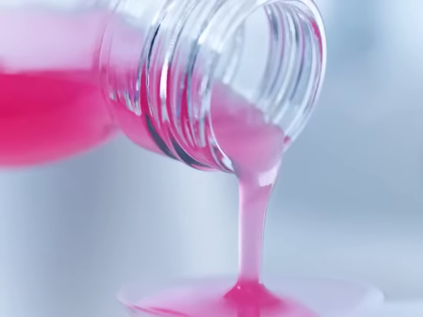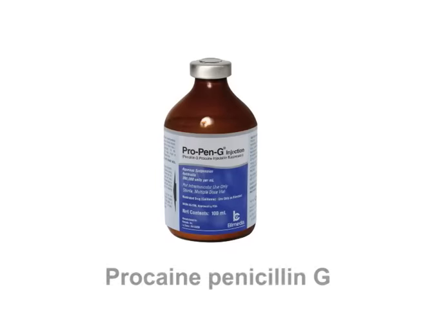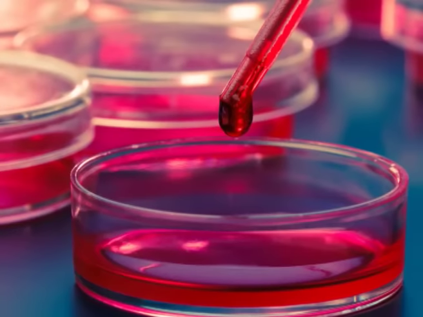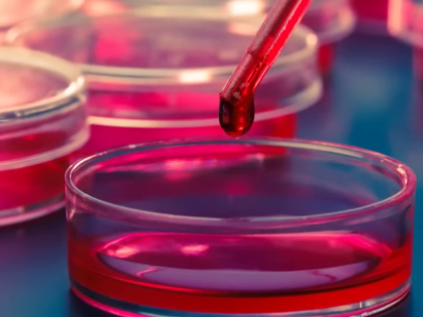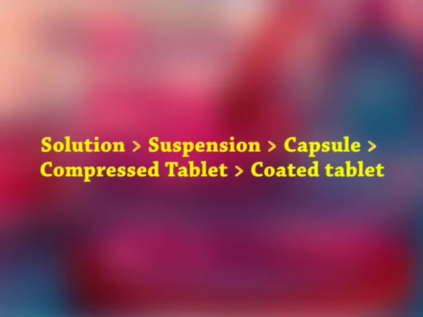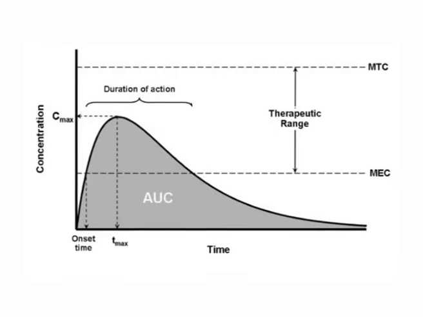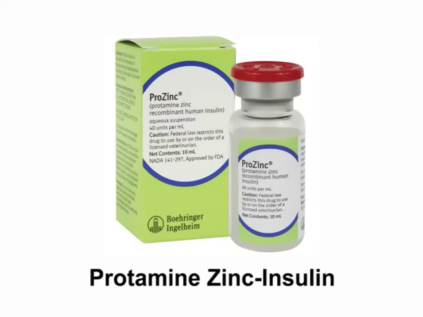Suspensions can improve the chemical stability of certain drugs, for example procaine penicillin G. Drugs in suspension exhibit a higher rate of bioavailability than most other dosage forms, in the order below: solutions have more bioavailability than suspensions, suspensions have more bioavailability than capsules, and capsules have more bioavailability than tablets and coated tablets. The duration and onset of action can be controlled; protamine zinc insulin suspension is the best example.